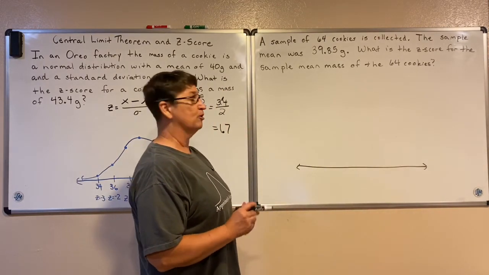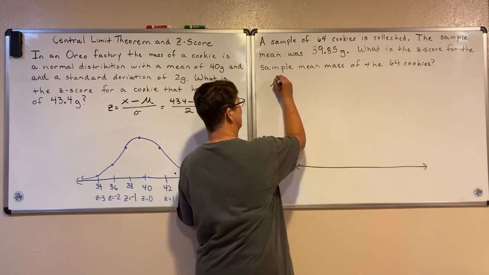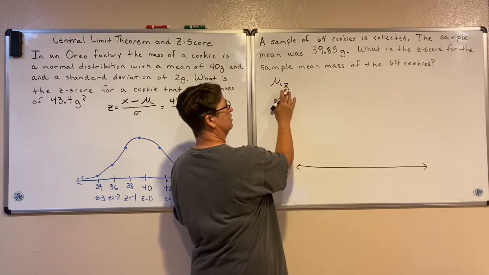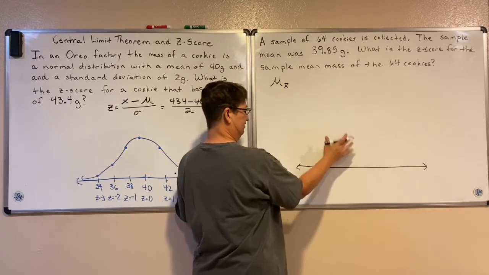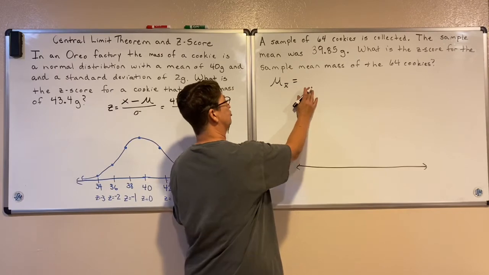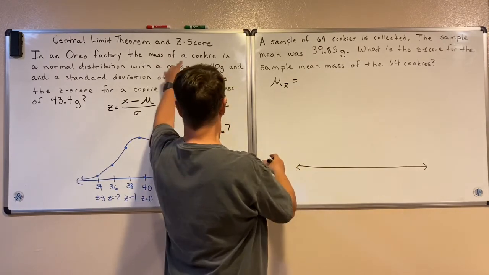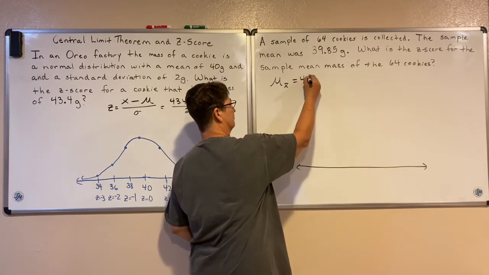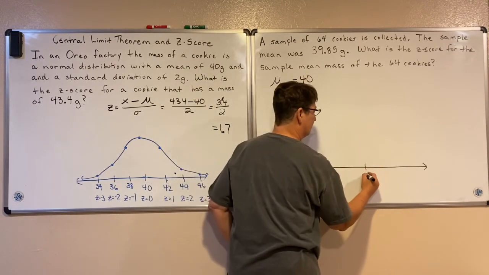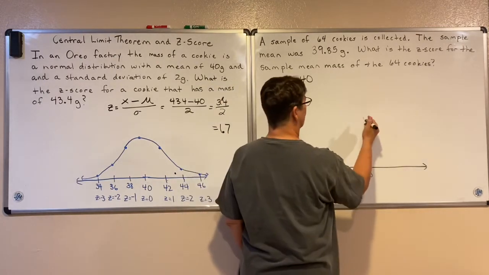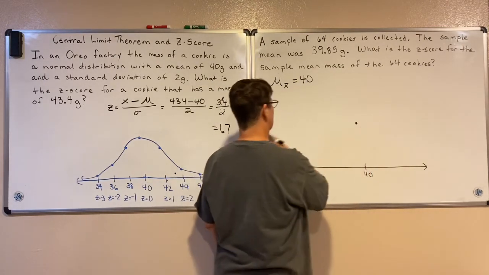The central limit theorem also tells us that the mean of this sampling distribution of sample means is equal to the mean of the population. So it's going to be equal to this same 40 grams. So here in the middle, my 40 grams is still my mean. That is also going to be the peak of this, just like it was before.